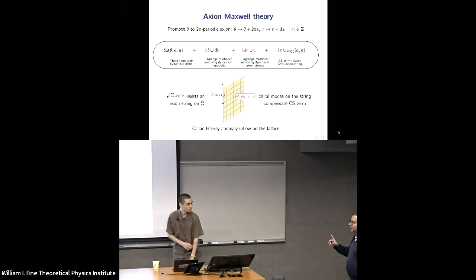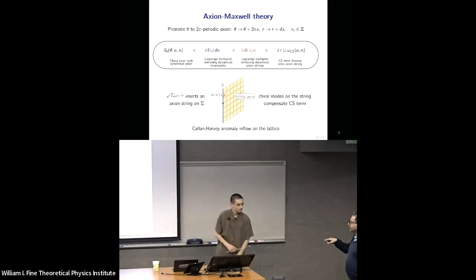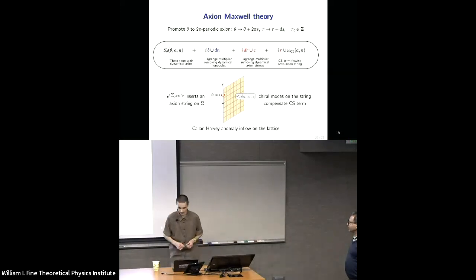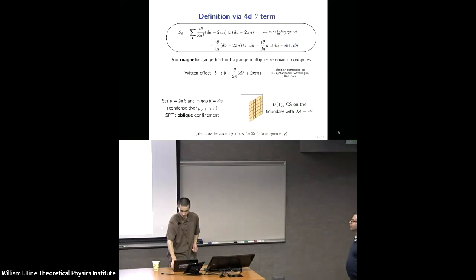I just had a question. Does anything special happen with theta equals pi in this theory? Yeah, that's a good question. I haven't thought about it. In particular, I haven't thought about what the correct parity or time reversal transformation is that this action would have, and then maybe that would single out theta equals pi as being special.